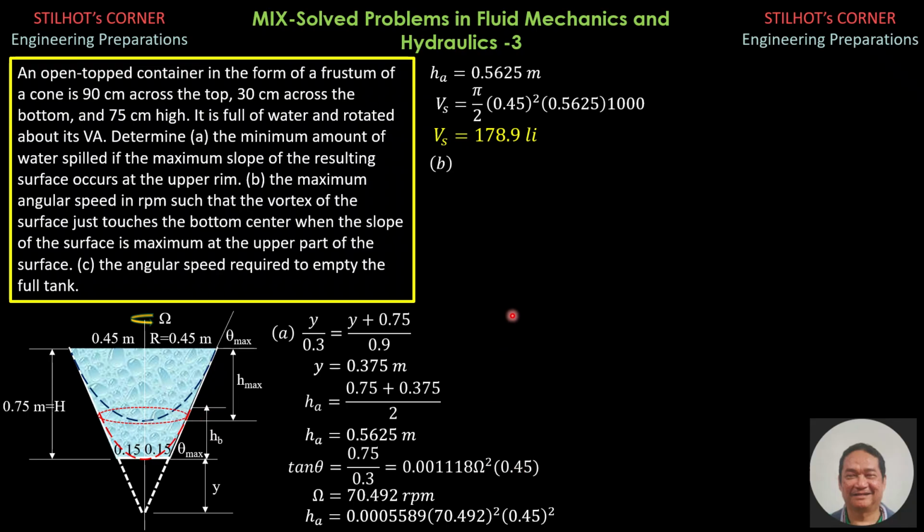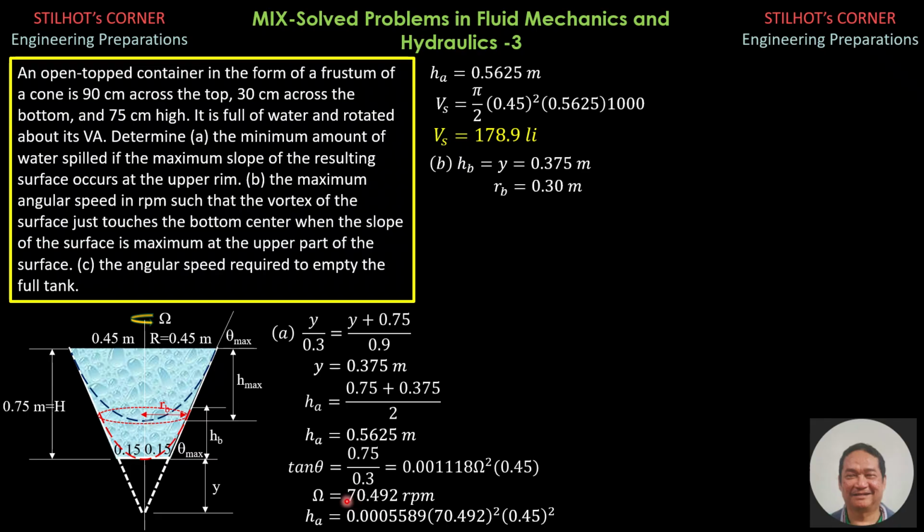Then you can solve for omega. So h sub B is y, 0.375, and this is the average radius, half of 0.15 plus 0.45, or r sub B is 0.3.